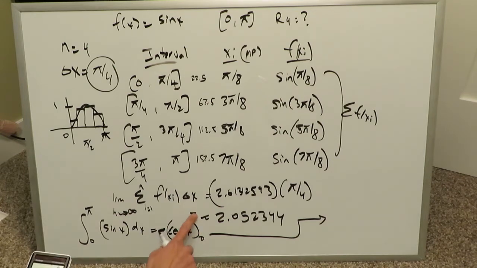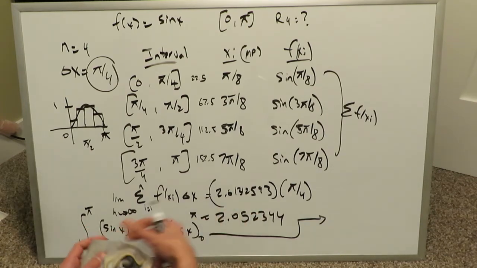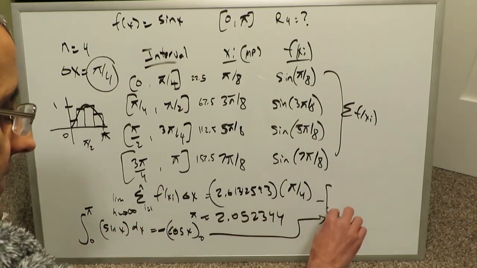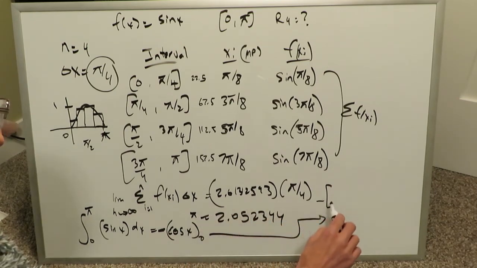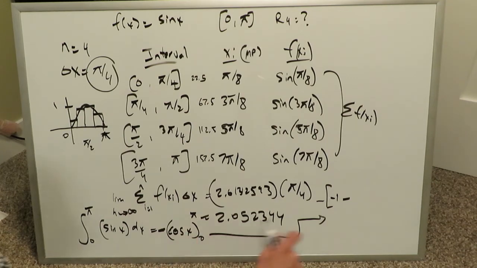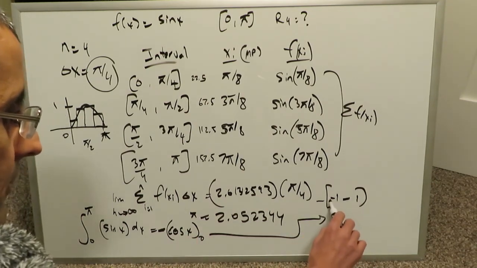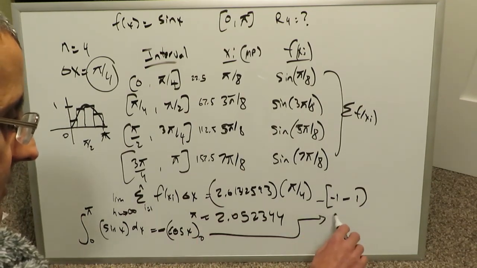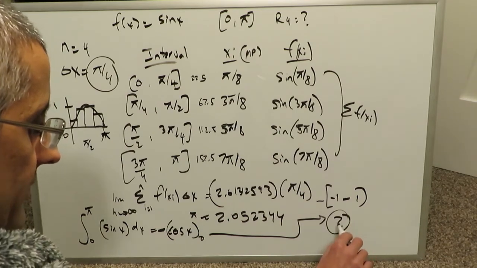I'm going to do cosine of pi minus cosine of 0, and we have this minus outside, and we'll get the value. What we can do is isolate the minus outside. We have cosine of 180, which is a minus 1, minus cosine of 0, which is just a 1. We have a minus 2 times a minus 1. You end up having an area under the curve of 2.